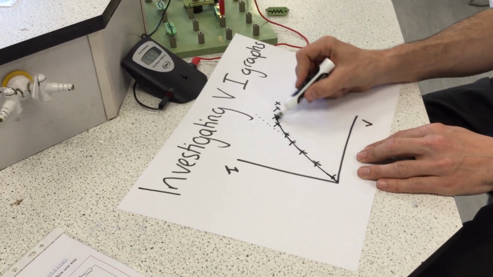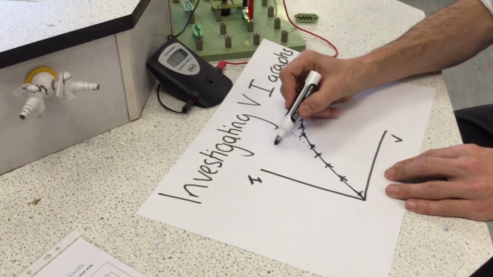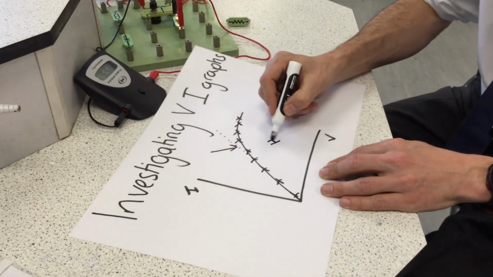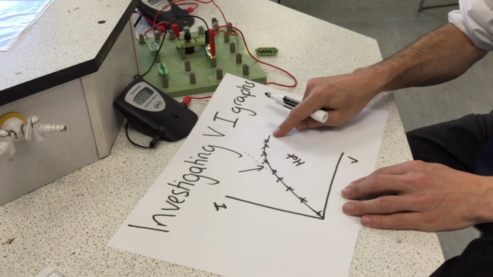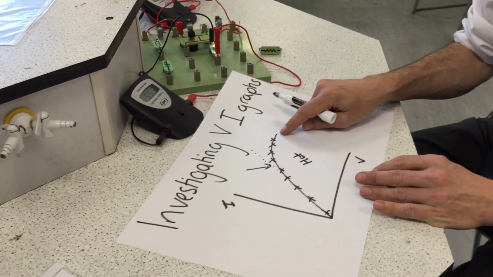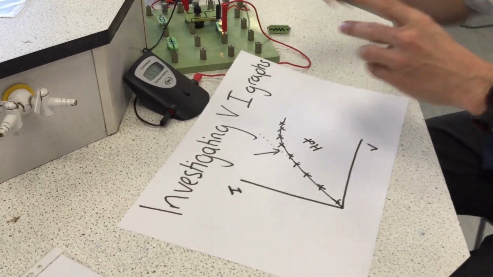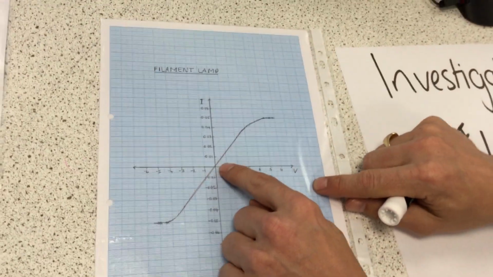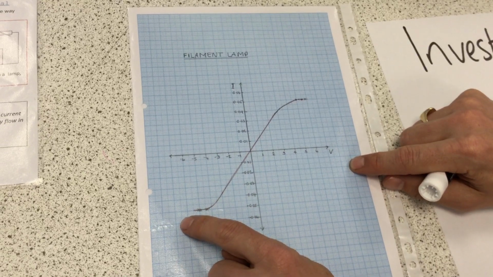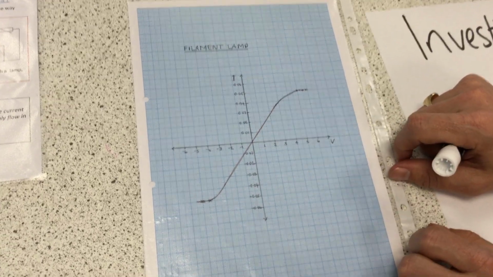So for a filament light bulb, in this region here, where the wire is getting hot, the resistance increases and the current can't, which is why it levels off. And if you look at the graphs that you'll see in the exam, again, it doesn't matter whether you go in the positive direction or the negative direction, you get a curve on the graph.